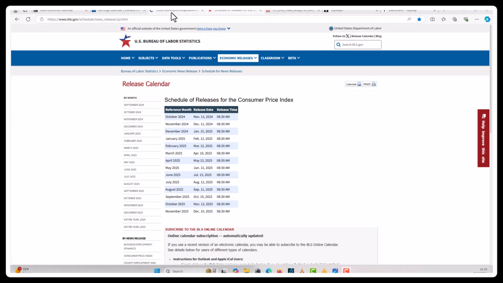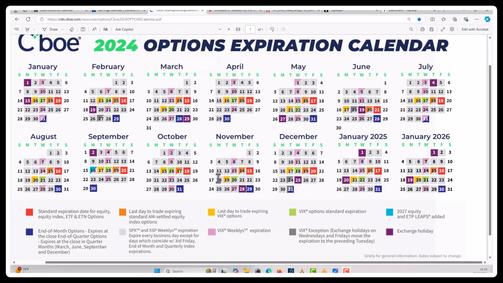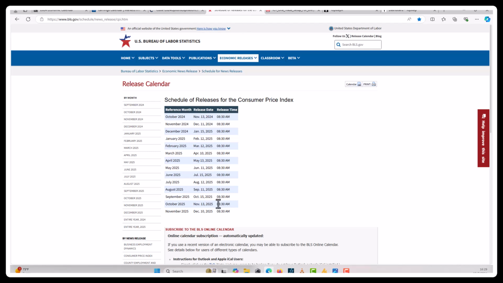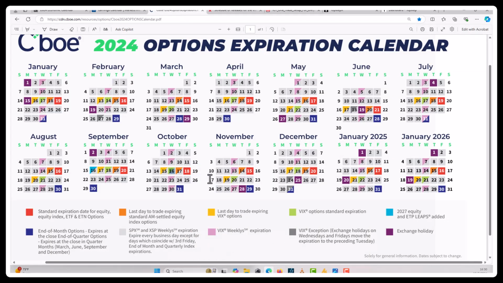Next week we're looking for the CPI data on October 16, like that. Actually October 15, not 16.